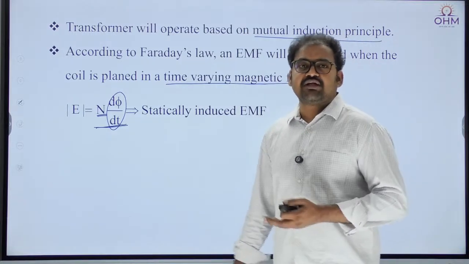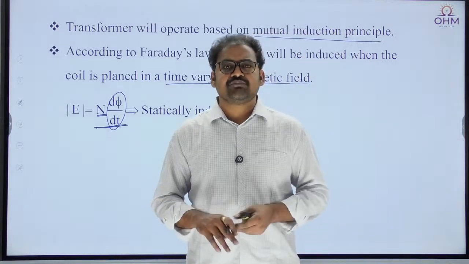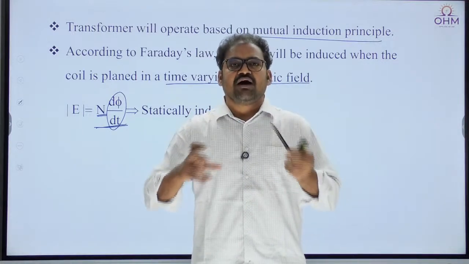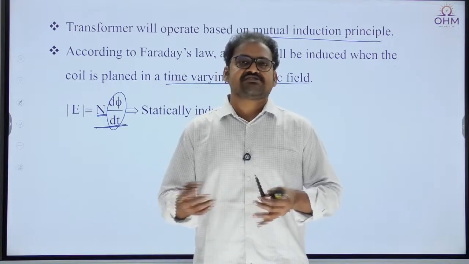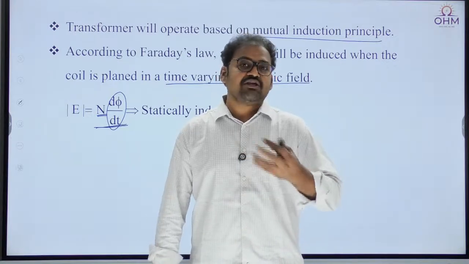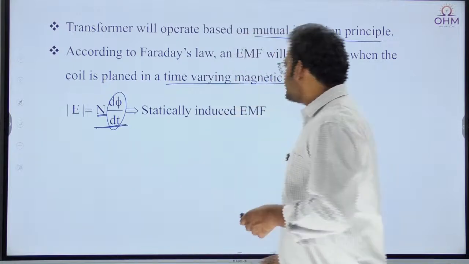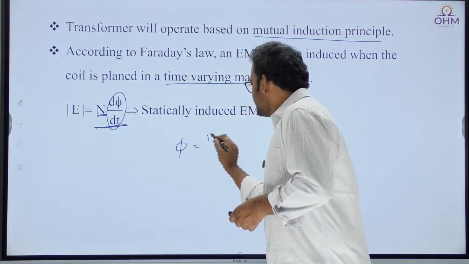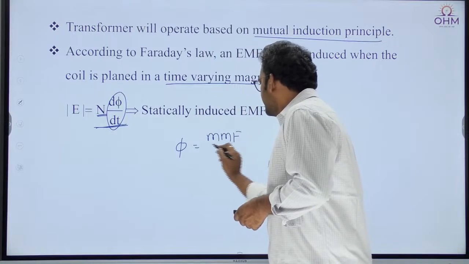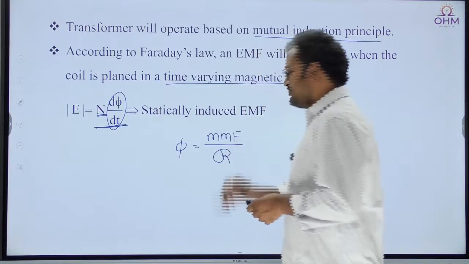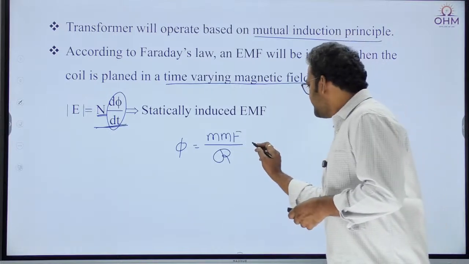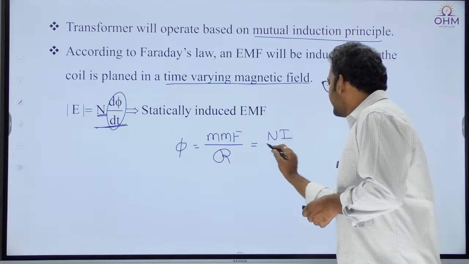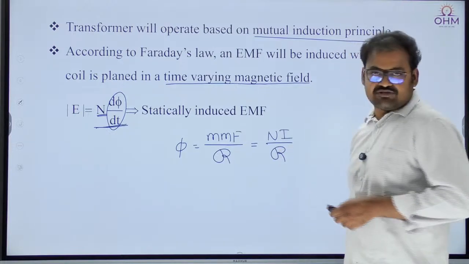How do we create a time varying magnetic field? Very simple. You take a magnetic circuit, wind a winding on top of it, and excite that winding with an AC supply so that time varying flux can be created. What is the formula for flux? Flux is equal to MMF divided by the reluctance of the magnetic circuit, where MMF is the magnetomotive force, that is N into I, divided by the reluctance.